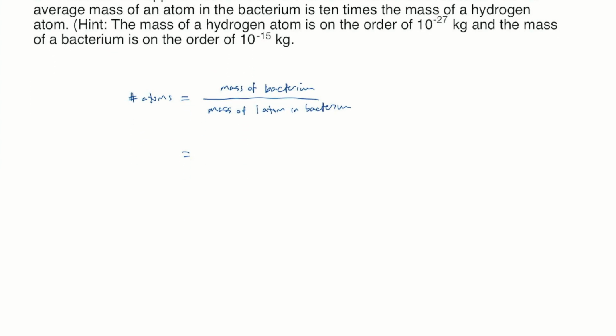So this is going to be the mass of the bacterium divided by, and they tell us the mass of one atom in the bacterium is about 10 times the mass of hydrogen. So we will have 10 times the mass of the hydrogen atom.